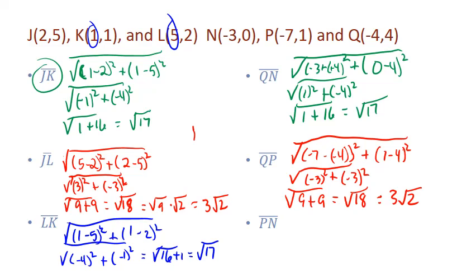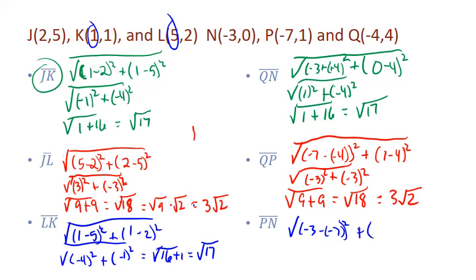And we're going to finish this off to see if segment PN is actually equal to segment LK. And so my N's are my number 2 coordinates, my P's are my number 1. So we got the square root of negative 3 minus 7 squared. I need another parentheses right there.